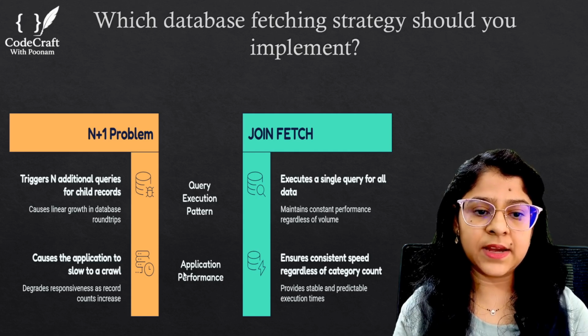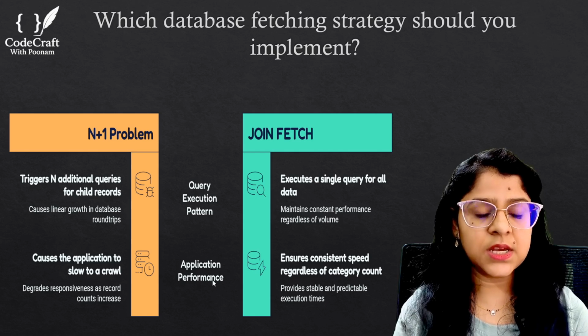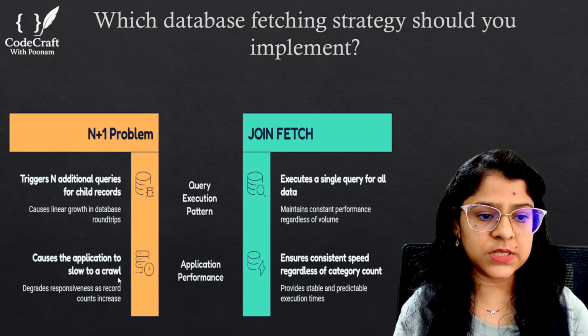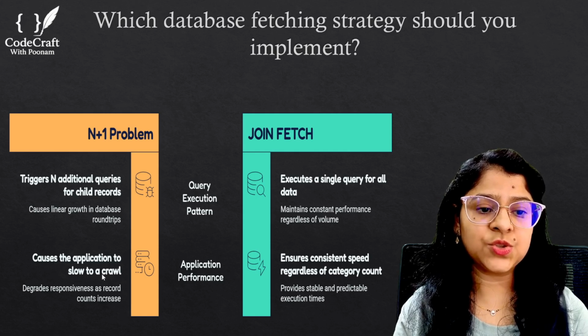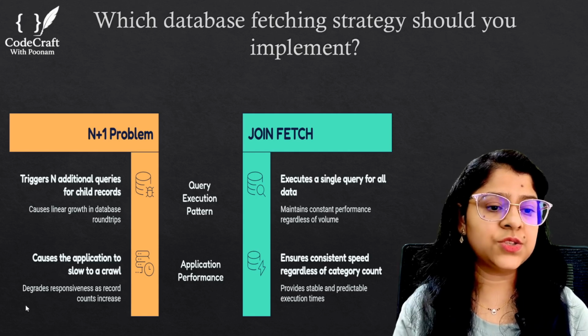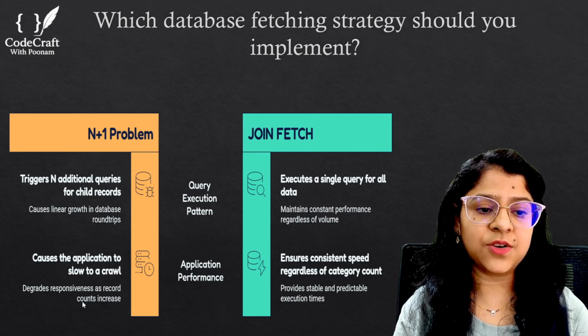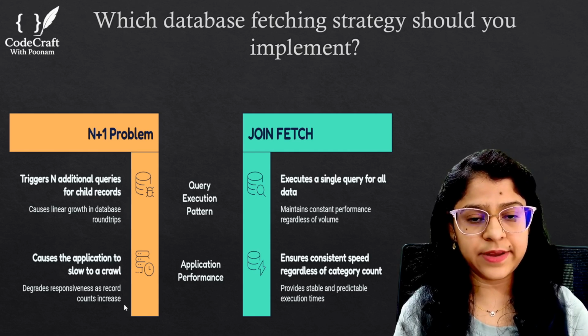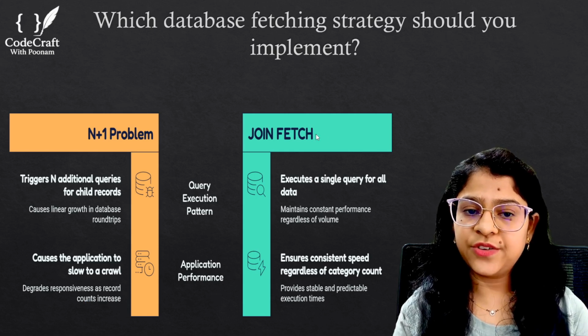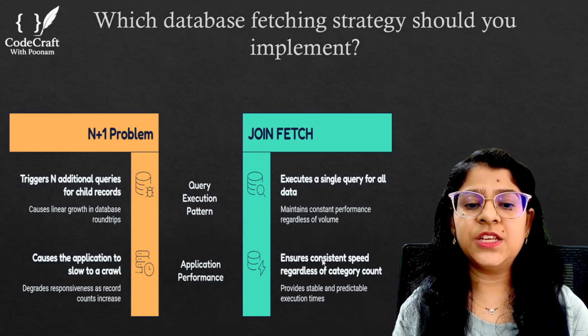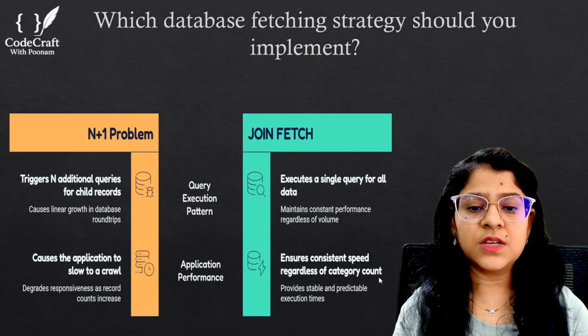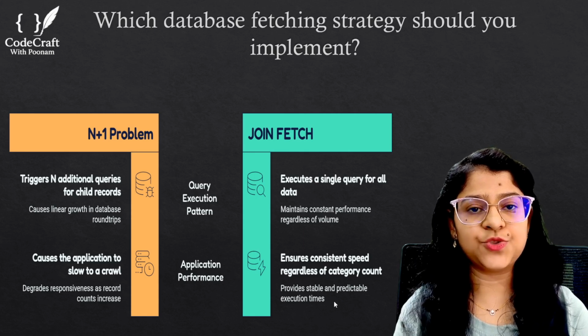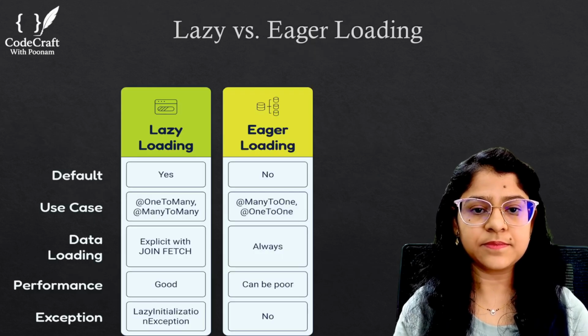And then coming to application performance, the problem with n plus 1 is that it causes the application to slow to a crawl, so it degrades responsiveness as the record count increases. If you use join fetch, it ensures consistent speed regardless of category count, so it provides stable and predictable execution times.